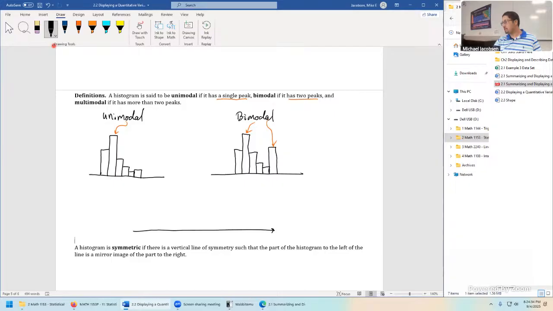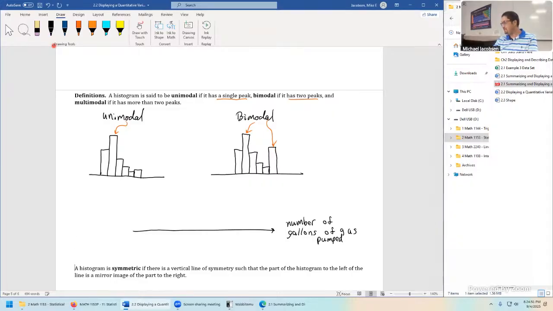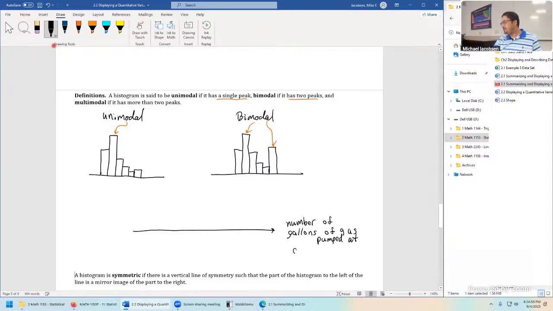So this is, let's say, number of gallons of gas pumped. Ran out of space there. At a gas station. So now this is multimodal data almost for sure.